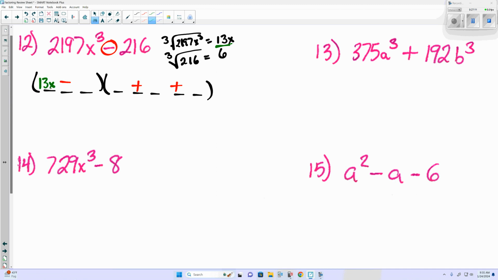We'll have 13x. In the bigger one, our first spot is going to be 13x squared. Then we'll have 13x to the first, and the last one will not have a 13x. Our other term is 6. Won't have anything with our 13x squared. The middle would be 6 to the first, and the last one's going to be 6 squared.